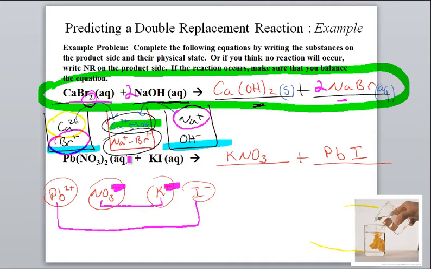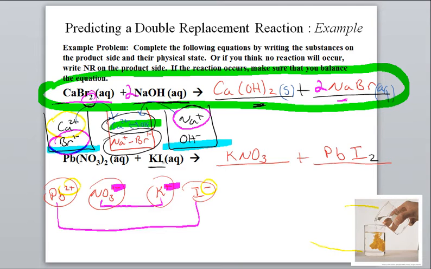Lead and iodide, lead is a 2 plus cation, iodide is a 1 negative, so we need 2 iodide anions for every 1 lead cation. And again, don't look at the reactant side to write the product formulas. It doesn't matter that there's 1 iodide per 1 potassium on the reactant side. You have to look at the charges of the cation and the anions that are coming together. So PbI2 is the correct formula.